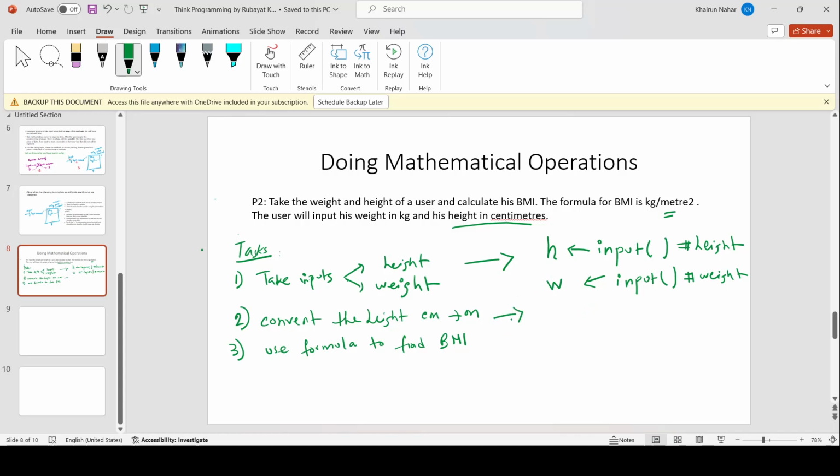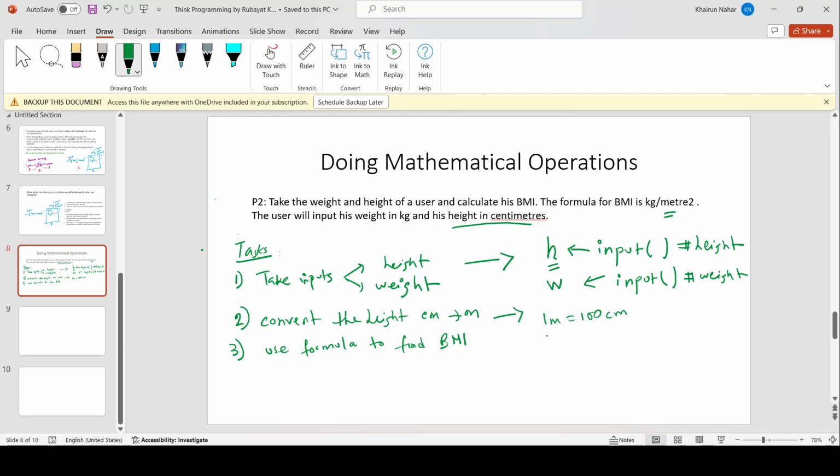Now the second task is conversion. This conversion is also mathematical. We need to know how to convert from centimeter to meter. And we know that 1 meter equals 100 centimeter. Therefore, the height given in h must be divided by 100.